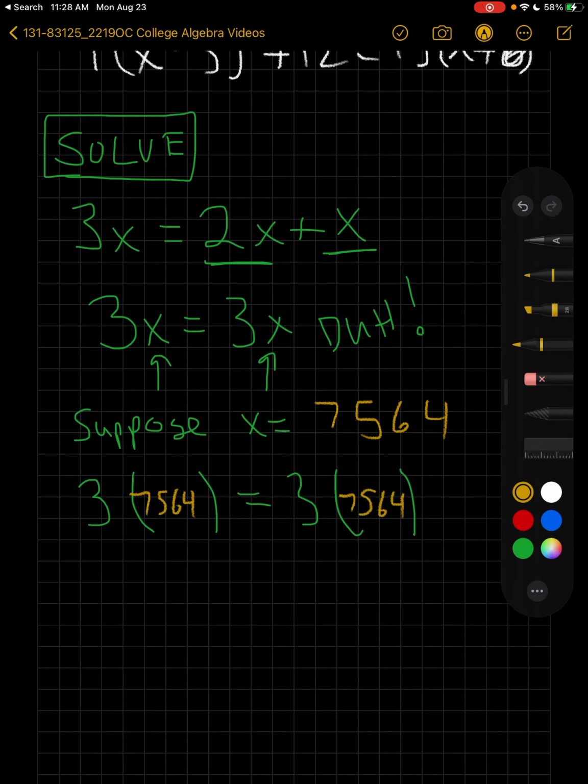I think you trust me that if I take a number and I multiply it by the same other number, my answer is going to be the same.